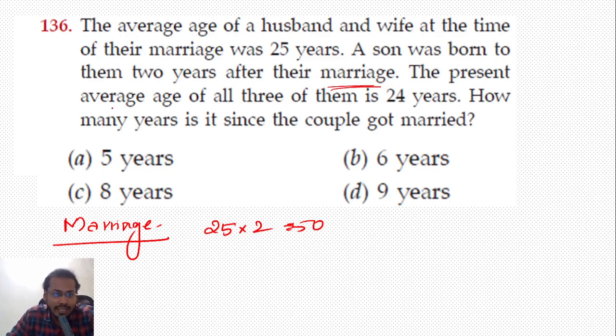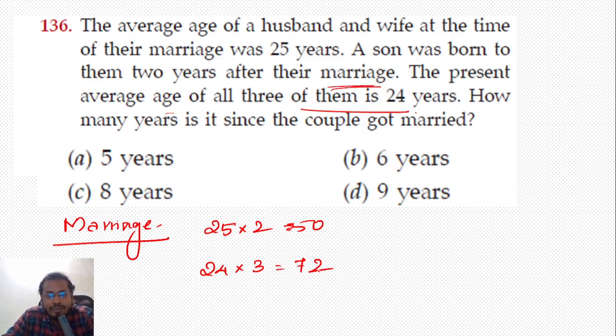The present average age of all the 3 of them is 24. How many years is it since the couple got married? Okay, so let's come to the present. At present the average age of all the 3 is 24. So I need to take 24 times 3, that is 72. So the sum is 72. There are 3 persons inside this.